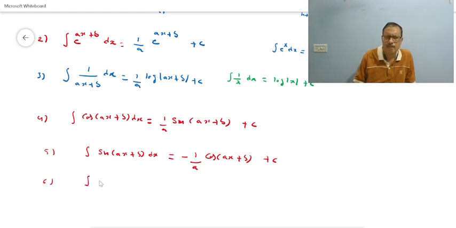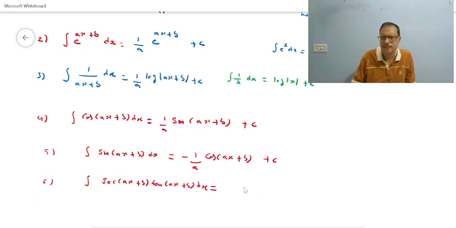Integral of secant of ax plus b tan of ax plus b dx. What is the formula of integral of secant x tan x? Integral of secant x tan x is secant x.